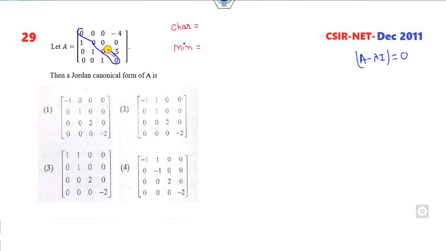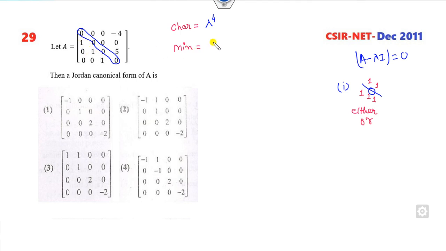If diagonal values are 0, then the characteristic polynomial will be lambda raised to the power 4. The first step is to look at the diagonal values, if all are 0, and either the below values are 1 or the upper values are 1. One of them is satisfied. In this case, the below values are satisfied.